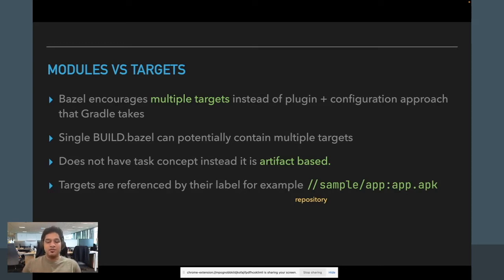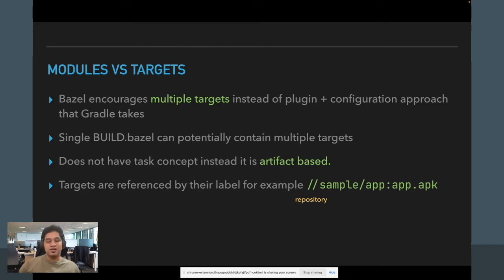Everything that we define in the workspace is mostly an external repository. For example, I might be downloading Dagger. The Dagger jar file might come from an external repository and it might be tagged as Maven. But the sample target that I have in the slides here is coming from my own project sources.